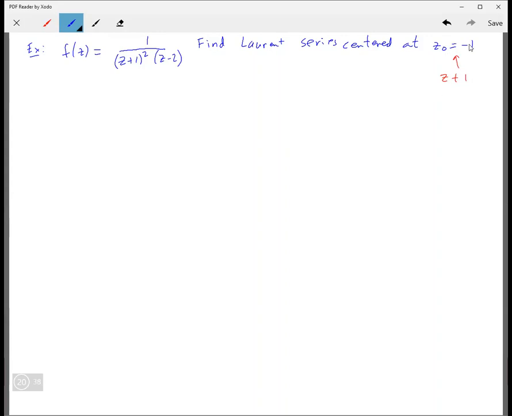If it's centered at a, your terms are going to look like z minus a. Since it's centered at -1, this part is already great. So we don't have to worry about that. We only have to worry about the z minus 2 part.